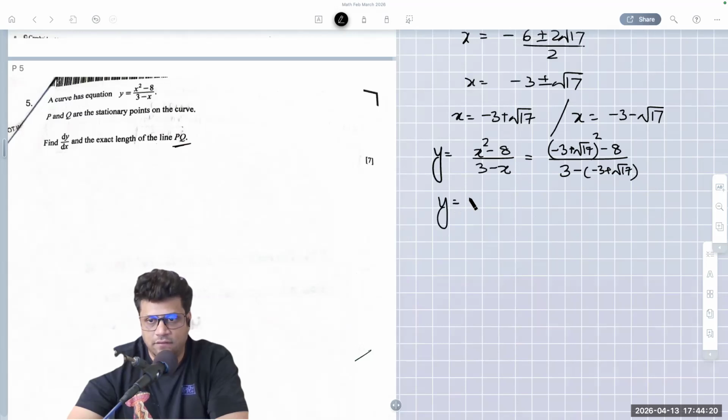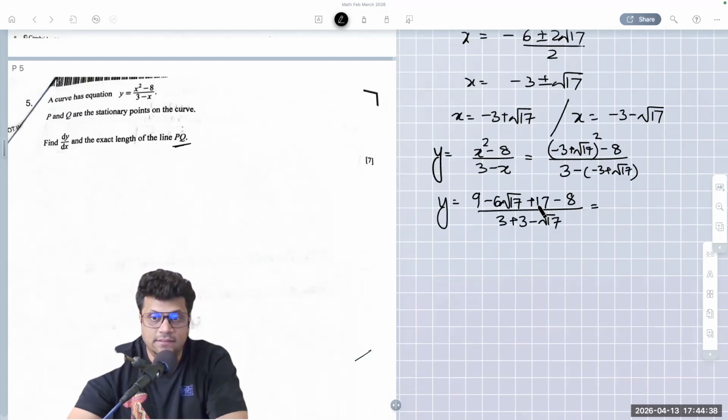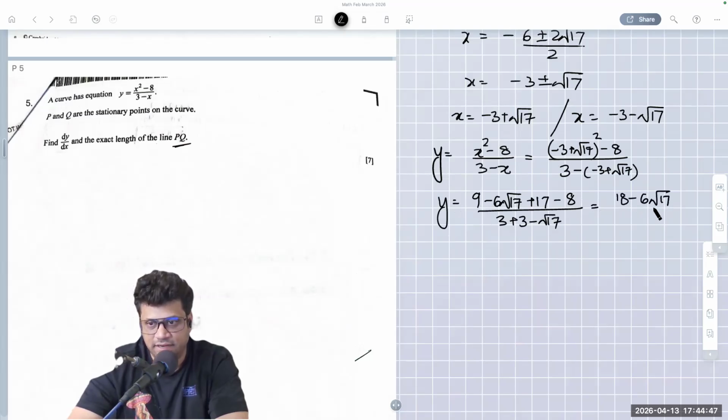Okay, that is one of the y's. So that's 9 minus 6 root 17 plus 17 minus 8, divided by 3 plus 3 minus root 17. Okay, that is going to be 18 minus 6 root 17 upon 6 minus root 17.